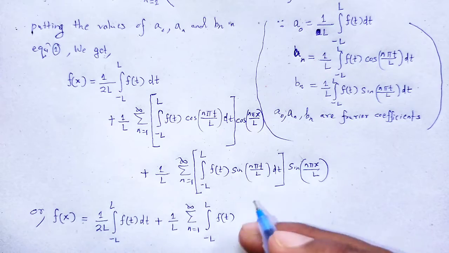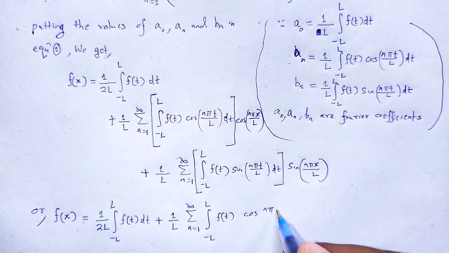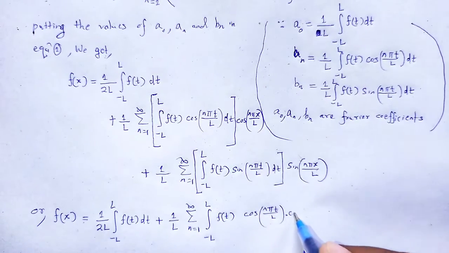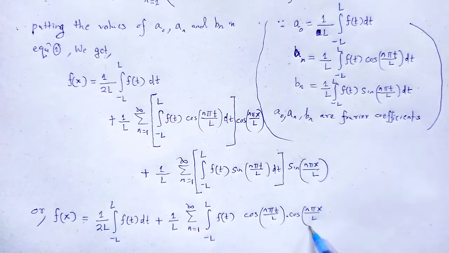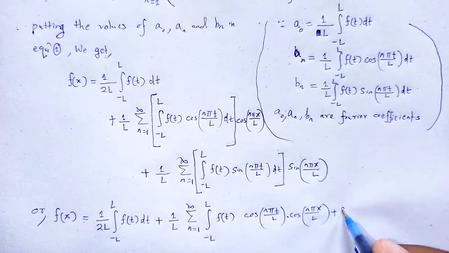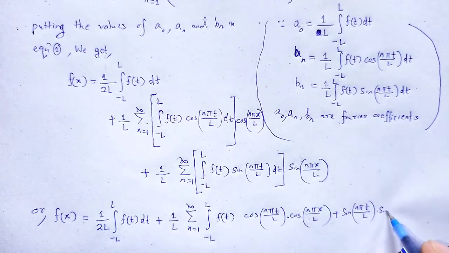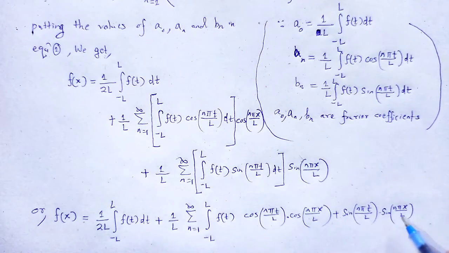Inside that bracket the terms are cos n pi t by L into cos n pi x by L plus sin n pi t by L into sin n pi x by L.